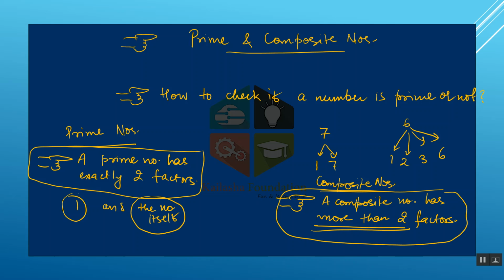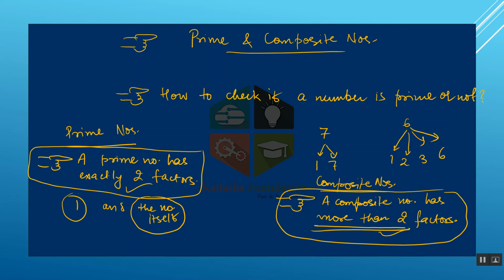And another thing, prime numbers have two factors and composite numbers have more than two factors. That means a natural number cannot have less than two factors, because either it has two factors or more than two, if the number is either prime or composite and nothing else.